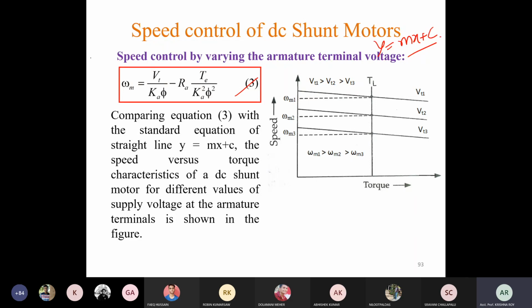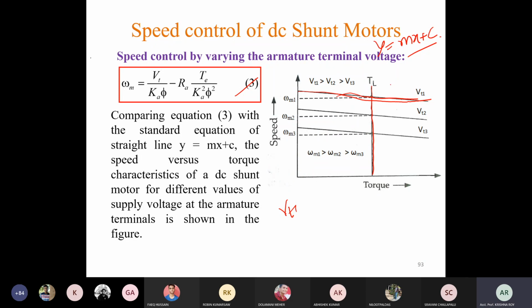So now if we change the voltage, what will happen? Consider this diagram where different speed torque curves at different voltages are shown. First of all, let us consider when the terminal voltage is Vt1. In that case, the speed torque characteristic is given by this line, and this line is the constant load torque line.